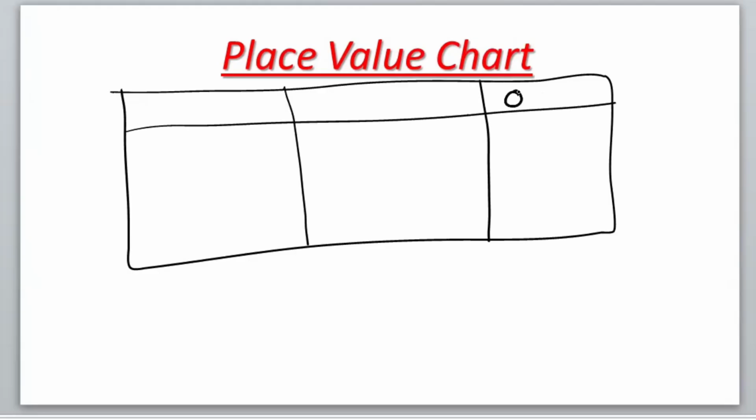The first one is ones, the second one is thousands, and here it is millions. These are called periods in the place value chart. Ones period, thousands period, and millions period.